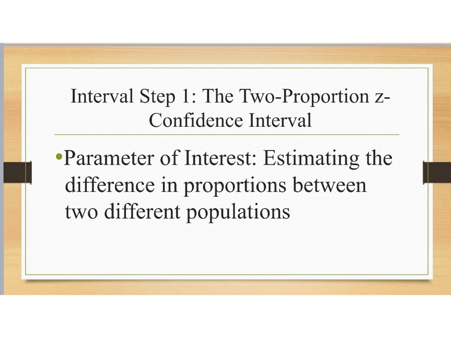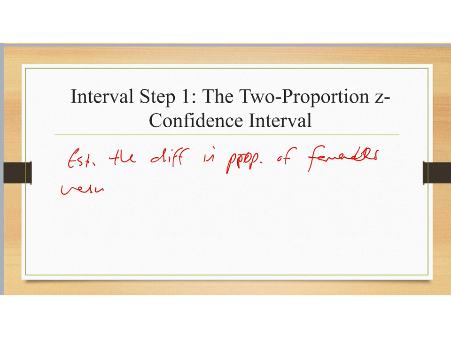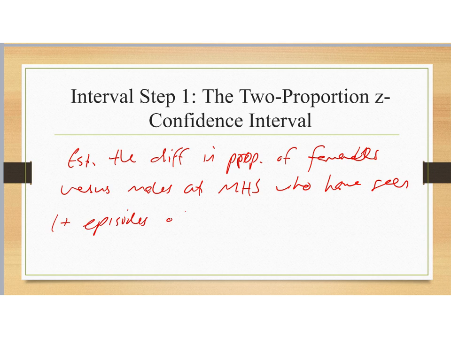So the first step of the interval is, again, what are we trying to estimate here in terms of difference of proportion? So when we look at this here, we are estimating the difference in proportion of females versus males at MHS who have seen at least one episode of The Bachelor or Bachelorette.